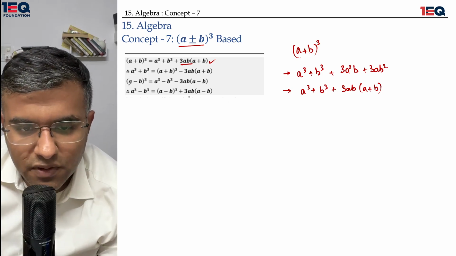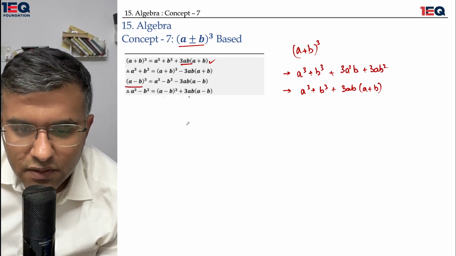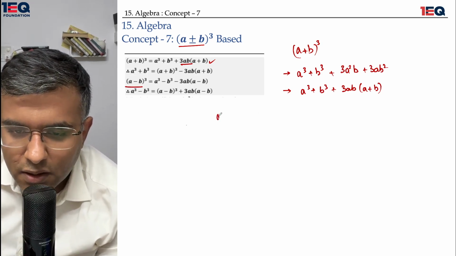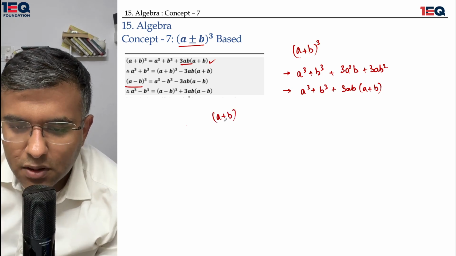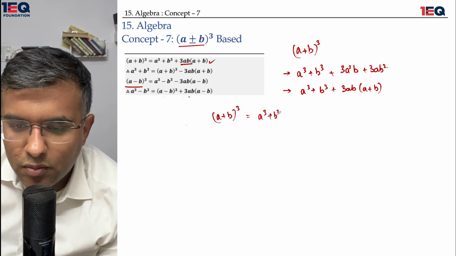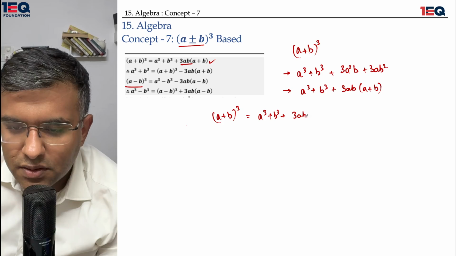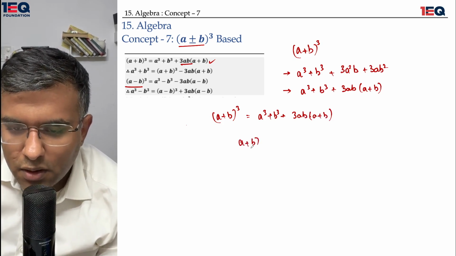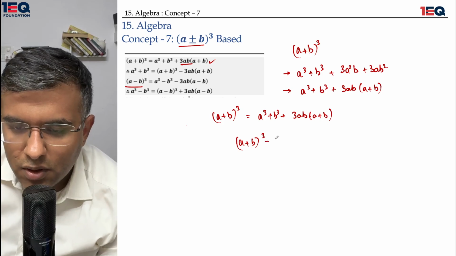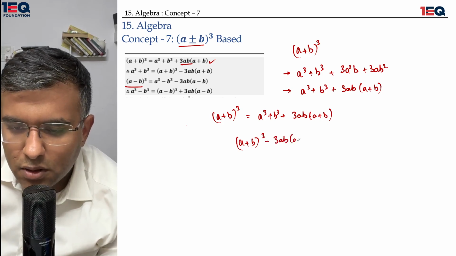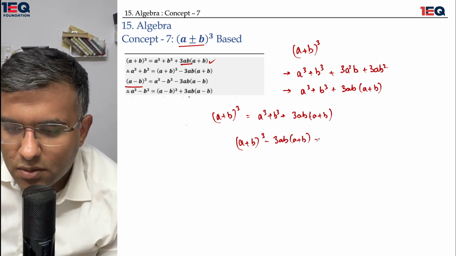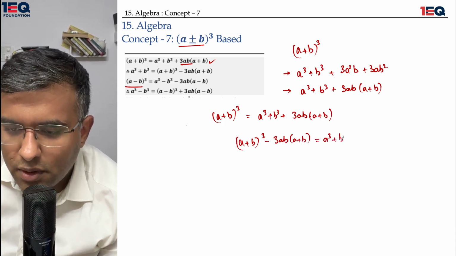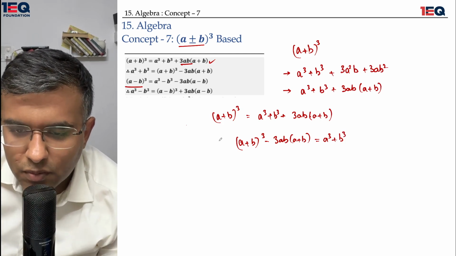There's also another way of solving it. If I write a plus b whole cube being equal to a cube plus b cube plus 3ab in the bracket a plus b, I can also write a plus b whole cube minus 3ab times a plus b being equal to a cube plus b cube.